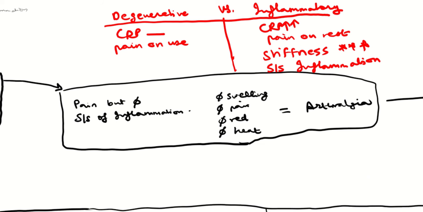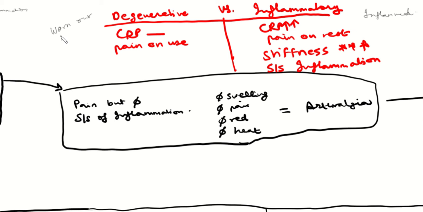Next, let's talk a little bit about degenerative versus inflammatory. And we'll talk about it in just a second. One may have a joint that has worn out, or one may have an inflammatory condition which is causing the joint to be inflamed.